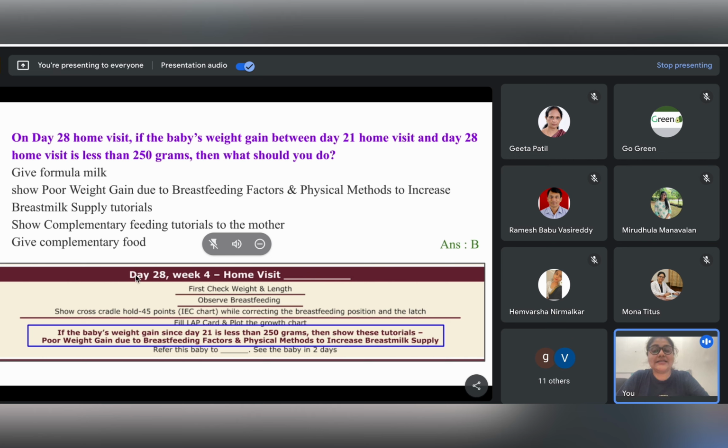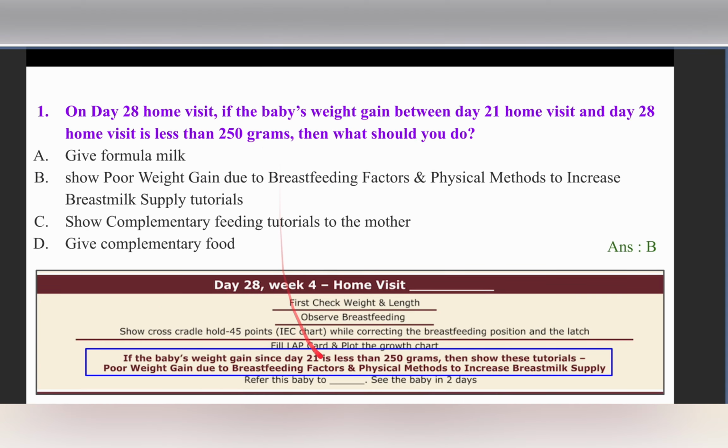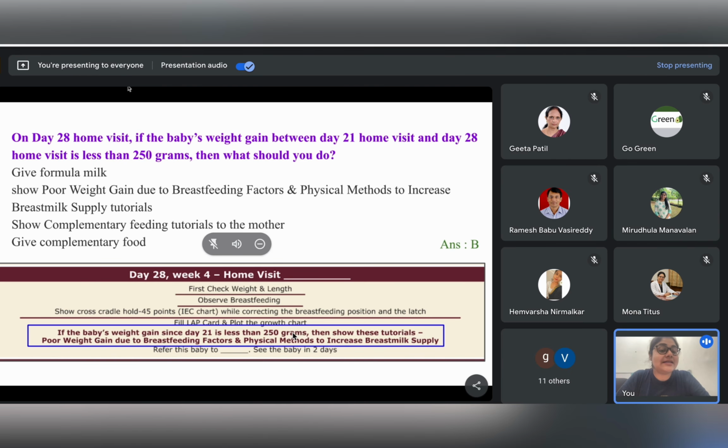As we can see in the day 28 or week 4 home visit, it is very important first to check the weight and the length of the baby, and then also to observe the breastfeeding as to how the mother is actually carrying out the breastfeeding.